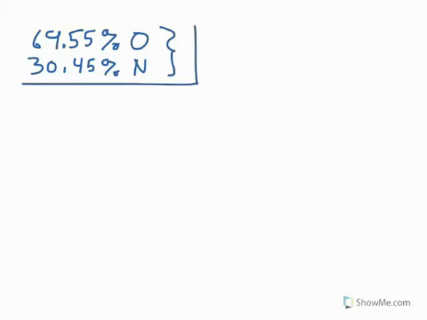So to do this, we're going to assume a mass of our compound and calculate the mass of oxygen and the mass of nitrogen in there. So a really easy thing to assume is 100 grams.